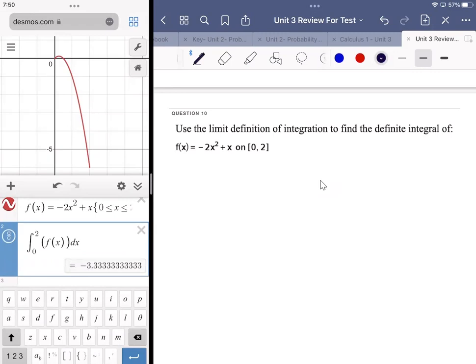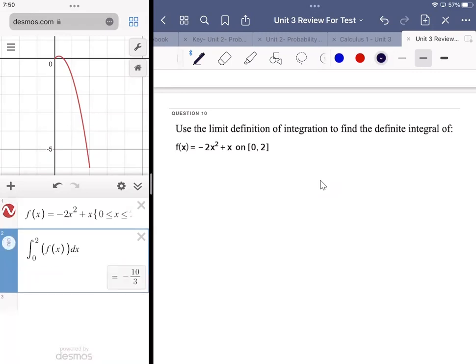So negative, I mean, if you want to have it as a fraction, negative 10/3, because we have a lot more area below the axis than we do above the axis, right? So it's going to be interesting, but like you have the answer going into the problem. It's the process that I care about here.